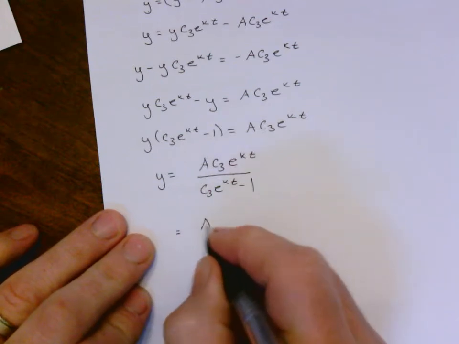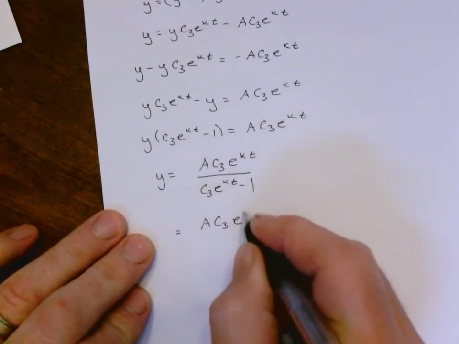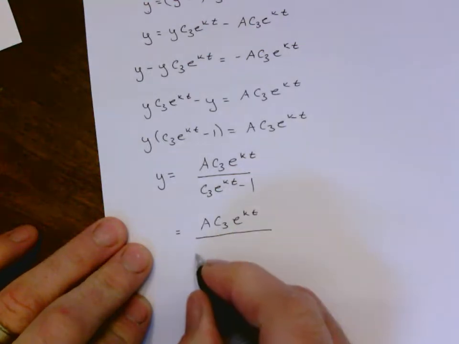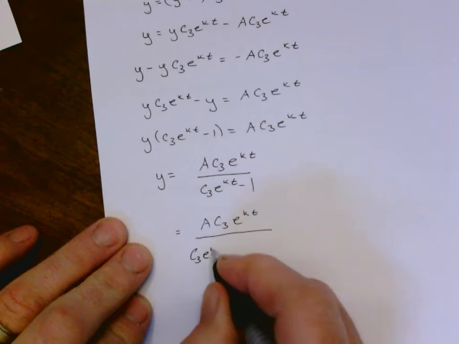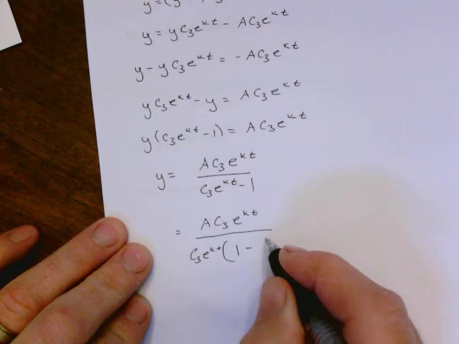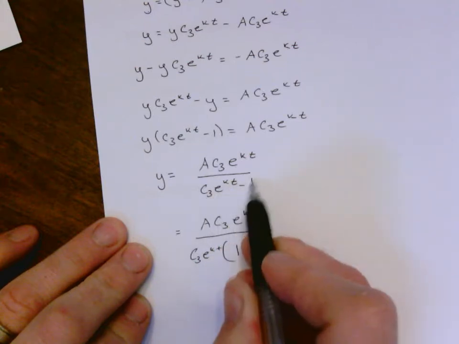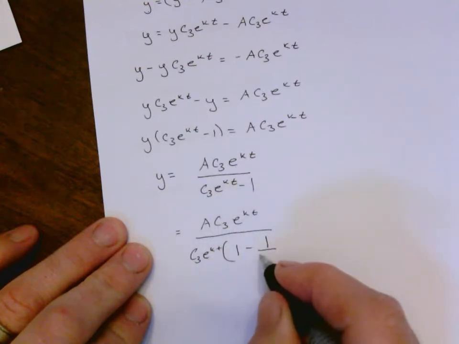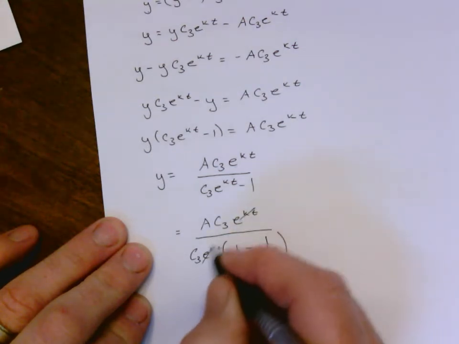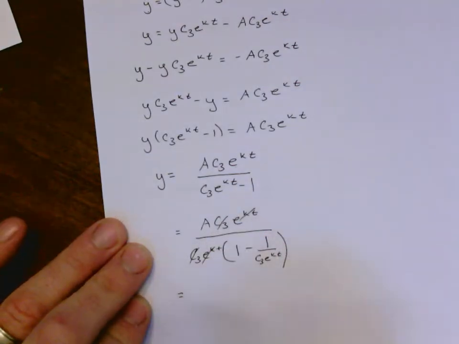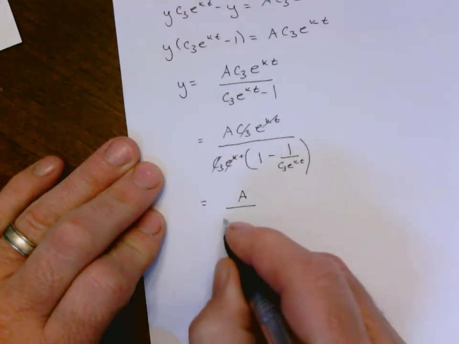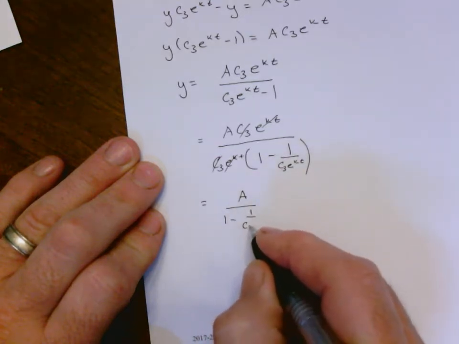So this is equal to a c3 e to the kt over, factoring c3 e to the kt out of the bottom, c3 e to the kt times, when I take it out of the first term, I'm left with 1, and minus 1. When I take c3 e to the kt out of 1, I'm left with 1 all over c3 e to the kt. Cancel, cancel.